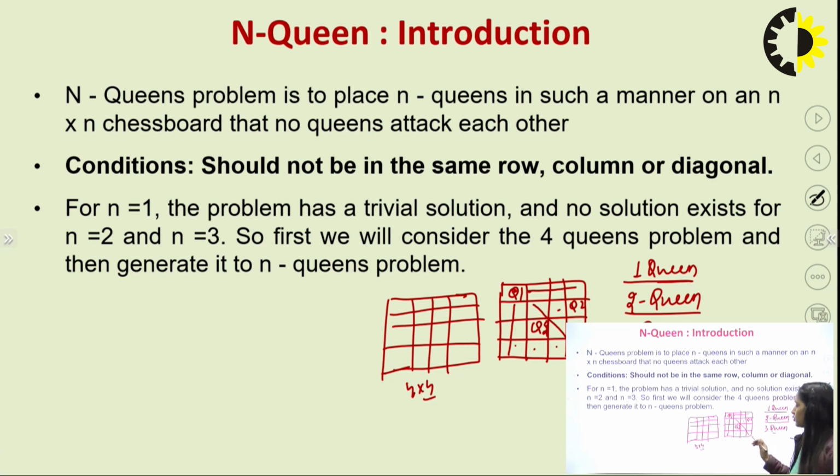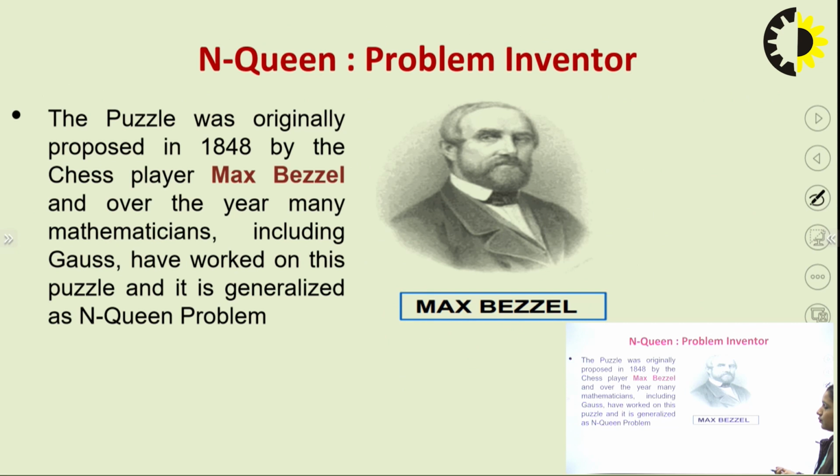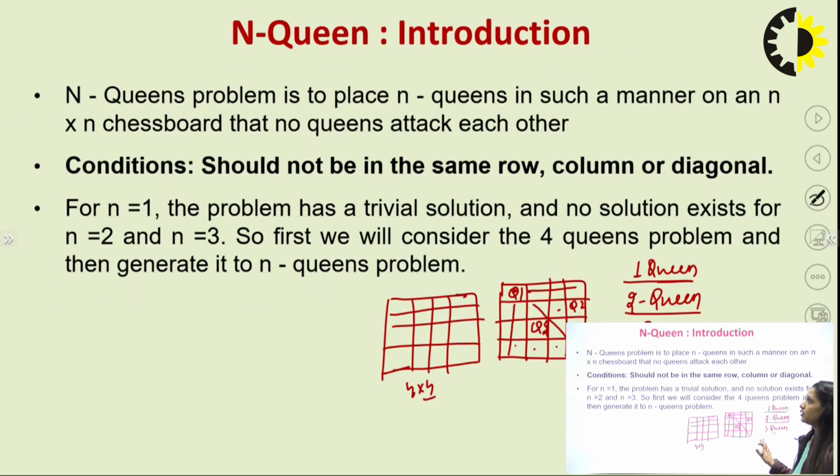So basically issues are generated when we talk about the 4 by 4 N-Queen problem. So this is the basic introduction to the N-Queen problem, and we are going to discuss the 4 queen and 8 queen problem.